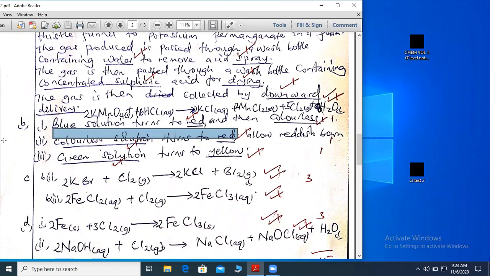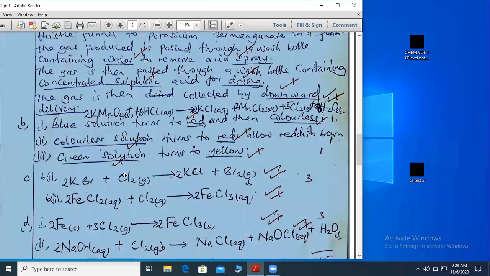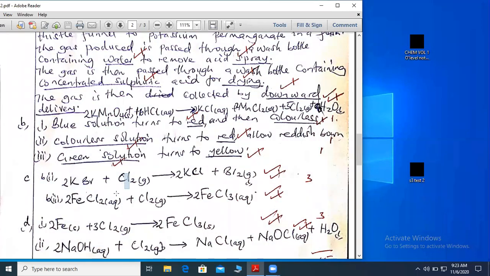Let us look at the equation right away also, because it was part C. The equation is here. This is potassium bromide plus chlorine, and we have been telling you that chlorine will displace bromine from its solution of potassium bromide, and it will form potassium chloride and what?